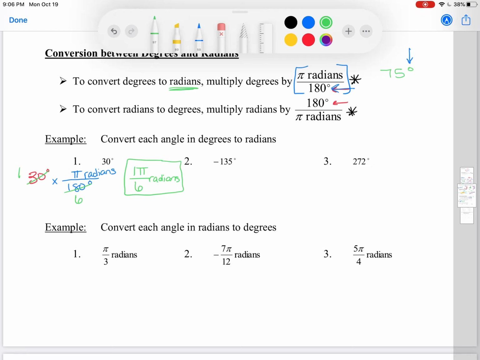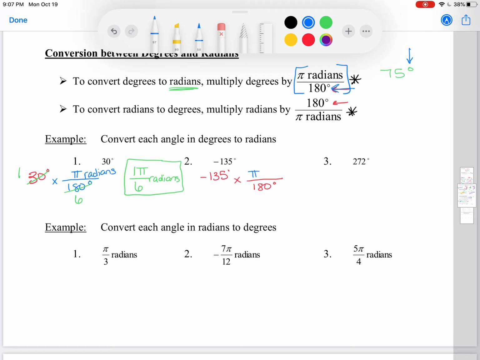Okay, so I understand it's going to be weird. We're introducing pi today, but it's going to be so much easier when we get into the nitty-gritty details of chapter 4 and all of trig. All right, so all we're doing is converting. Keep it simple. Don't try to overthink. So I have negative 135 degrees.